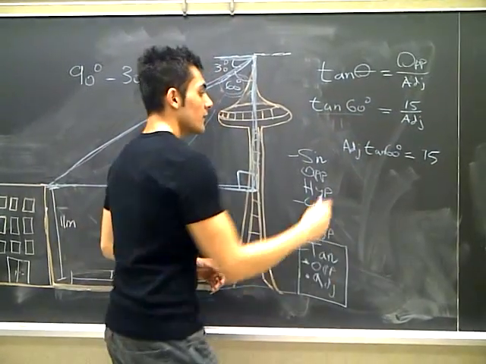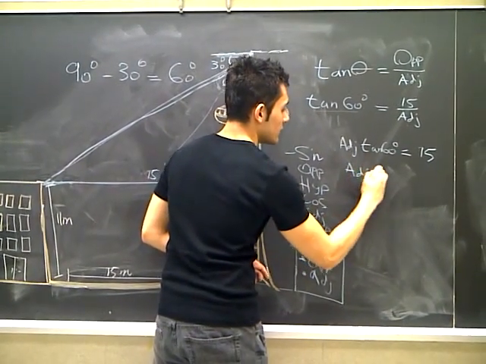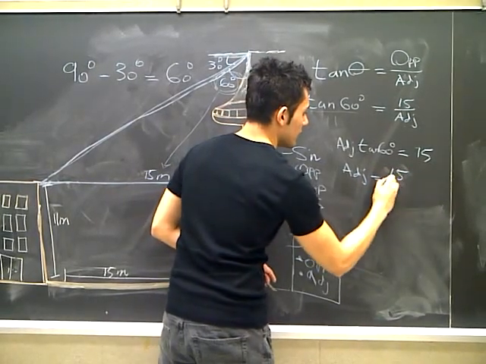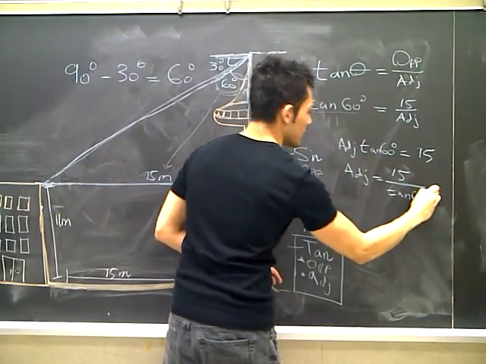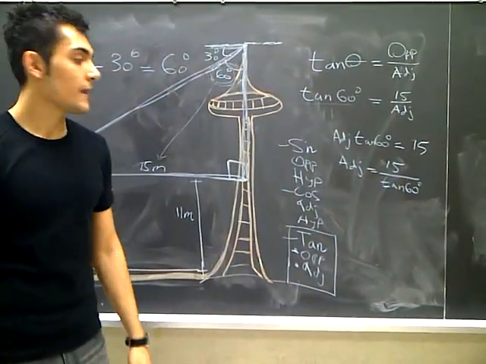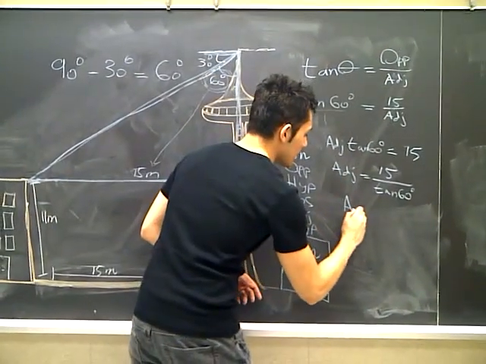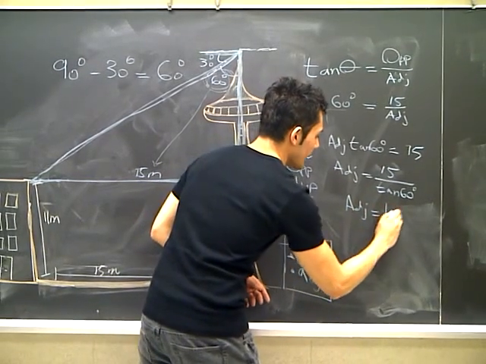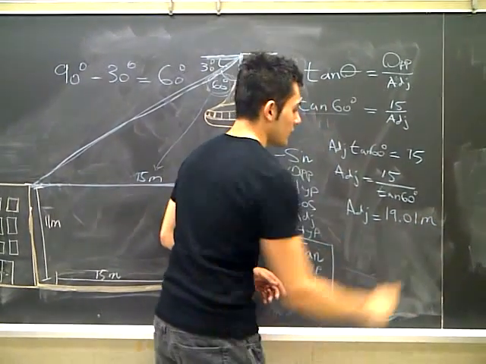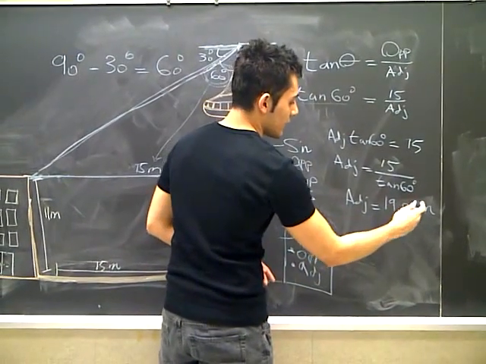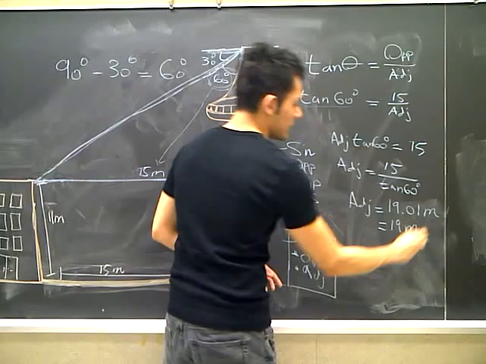Now, if we want to calculate adjacent, adjacent is equal to 15 divided by tan of 60 degrees. If you punch this into your calculator, you're going to get something around 19.01 meters. We can just round it, so it'll be 19 meters.